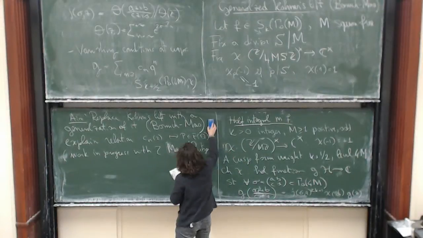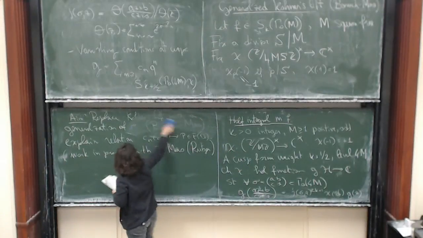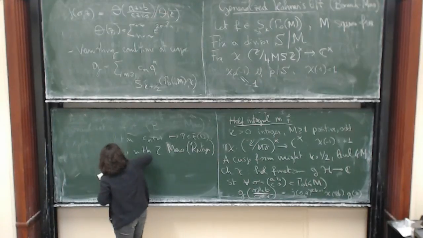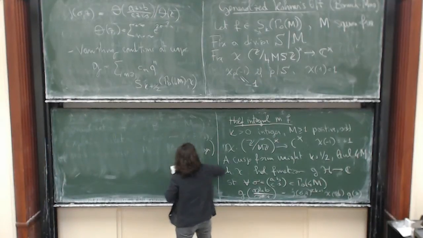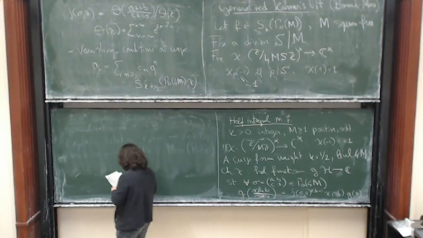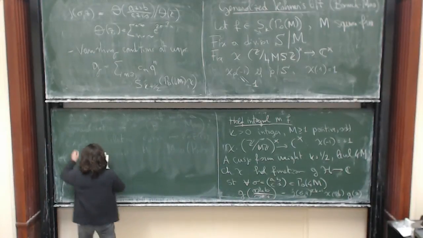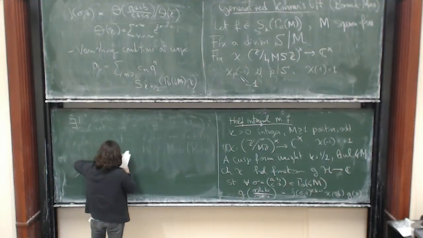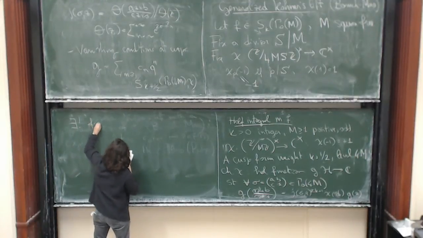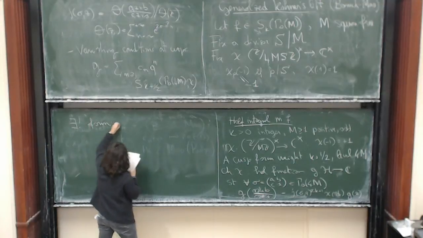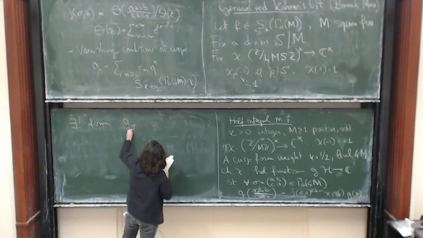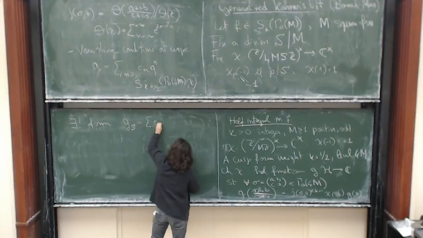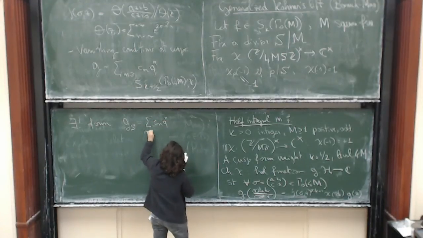Okay, so under these conditions, there exists a unique, up to scaling, form, which we call g_S, which we write as sum of c_n q to the n, n greater or equal than 1.